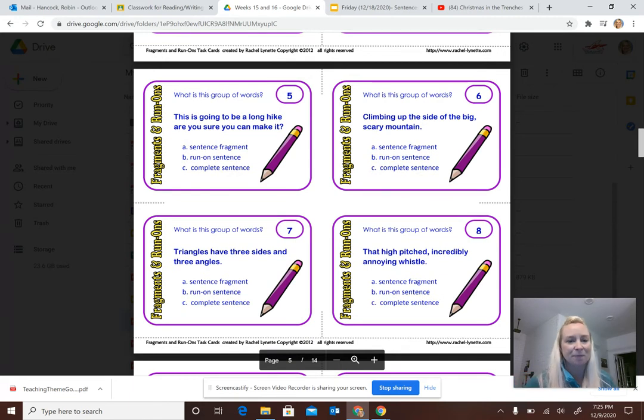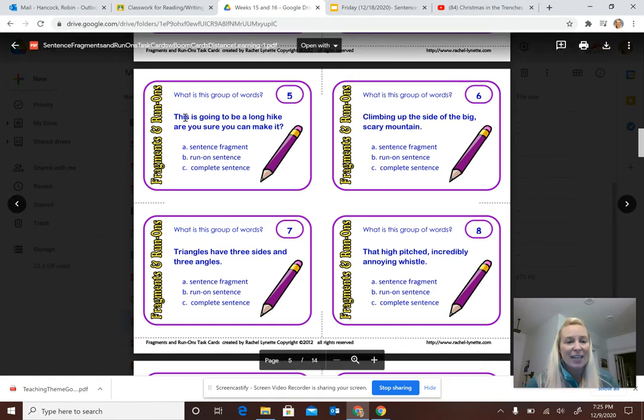Number five. This is going to be a long hike. Are you sure you can make it? What do you think? Is it a sentence fragment, run-on sentence, or a complete sentence? Well, I know that it is a run-on sentence because it has two thoughts, one running into the next.